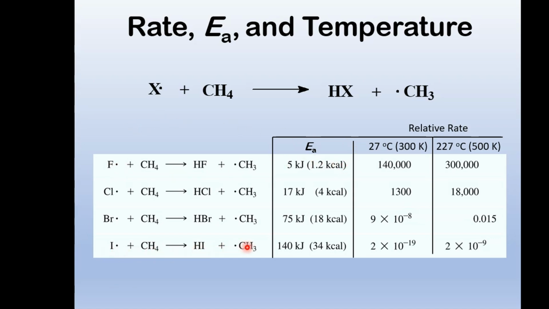Likewise, over here, this is really slow. Look at these rates. So if you want an alkyl iodide, you probably don't form it by this free radical reaction. But we can make alkyl bromides and alkyl chlorides in industry, and academic labs do this all the time. And here shortly we're going to see why bromination is more selective than chlorination.